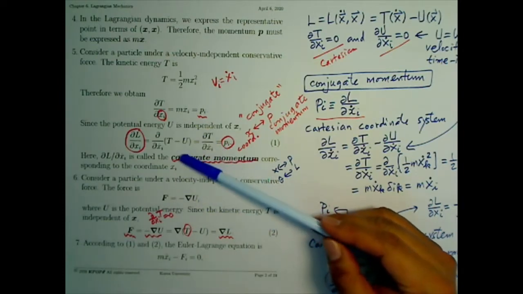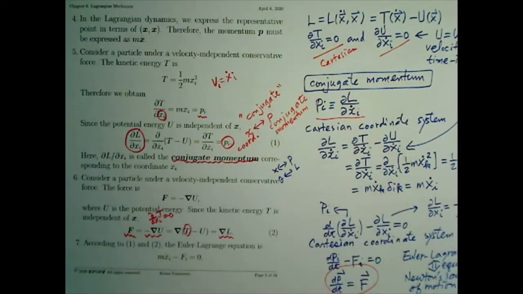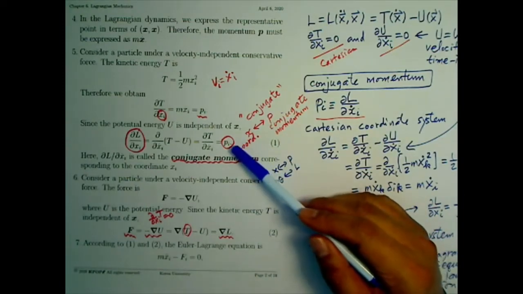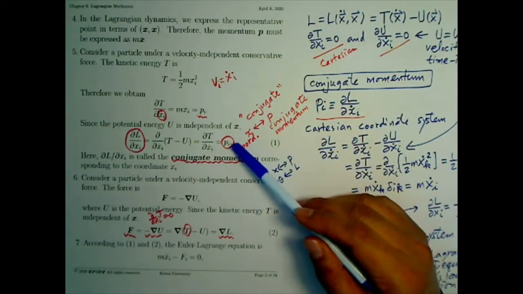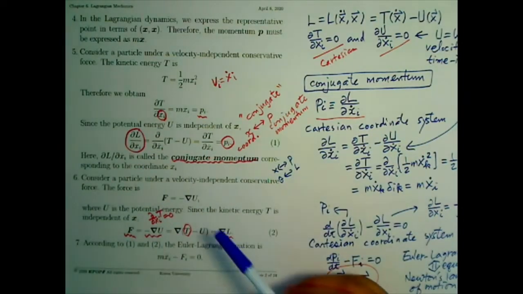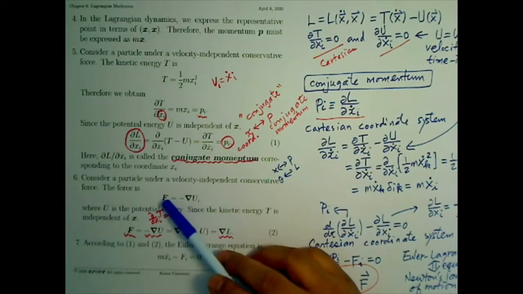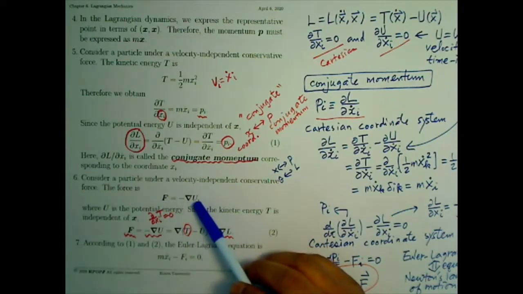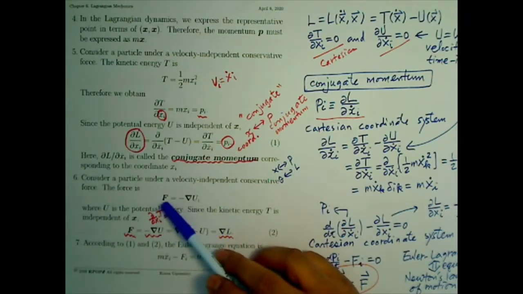The Lagrangian, which is T minus U, is used to find the momentum by taking the partial derivative with respect to the velocity. It also has information about force, so we can take the derivative with respect to space and put the negative sign on the potential energy, and then we can obtain the force.